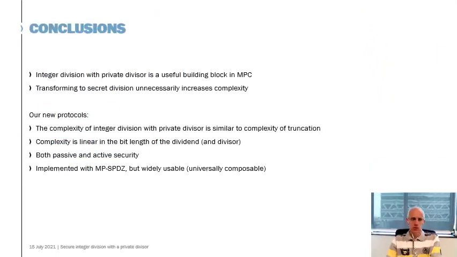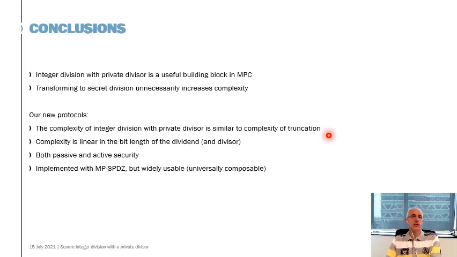To conclude, we showed that integer division with private divisor is a useful building block in MPC. Transforming to secret division unnecessarily increases the complexity. It's better to use one of our protocols, where we show that the complexity is similar to the complexity of truncation.